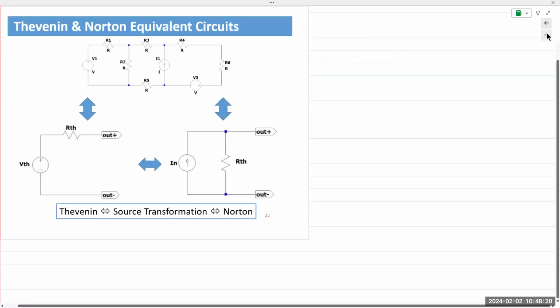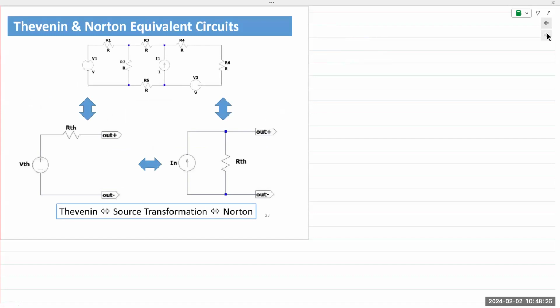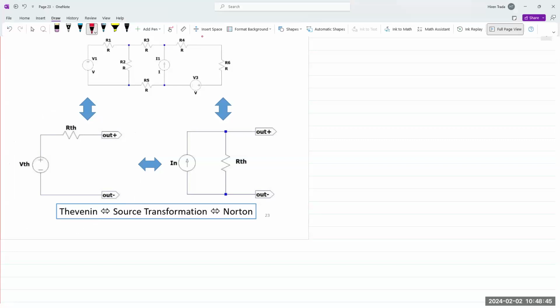And this illustration will do it better justice. We have a large circuit. We can represent that entire large circuit with a single voltage source in series with a resistance between the open terminals where a component was connected. Actually, let me write this down first.